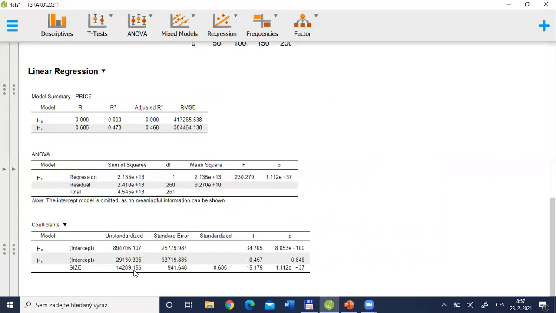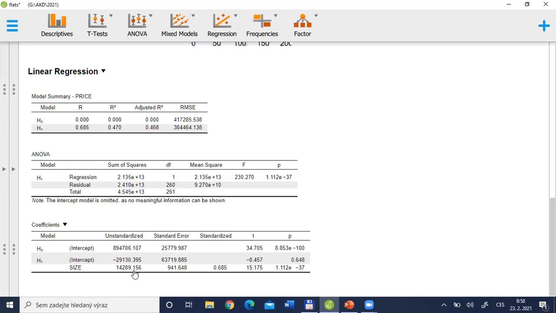So this is the price for 1 square meter? Yeah, it can be the interpretation, or maybe an even easier interpretation would be: if the size of the flat is increasing by 1 square meter, the price is increasing by 14,300 Czech crowns. So these are interpretations.